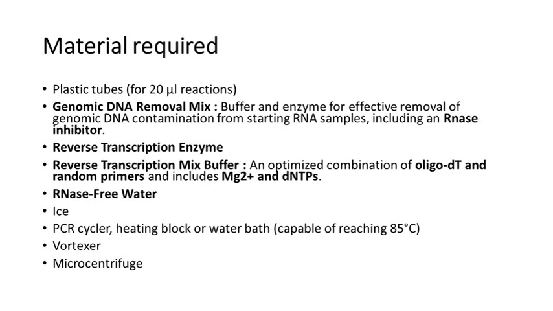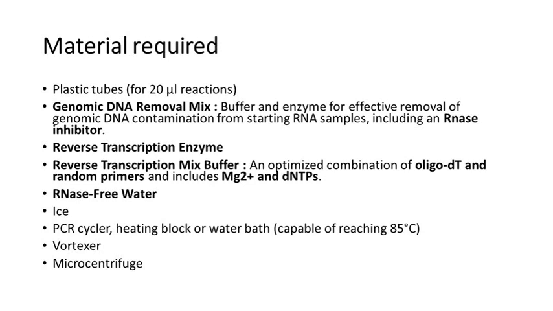The third thing we need is a reverse transcriptase enzyme, which is going to synthesize your cDNA using RNA as a template. Next is the reverse transcriptase mix buffer, where you will have an optimized concentration of oligo dT and random primers. So the primer will already be present in the reverse transcriptase mix buffer, and also the magnesium ion as well as the dNTPs.